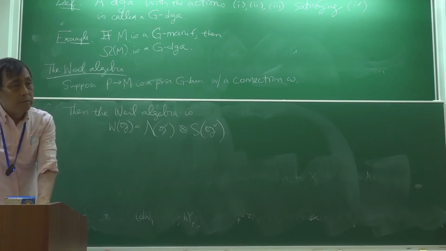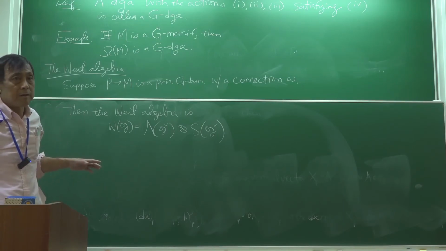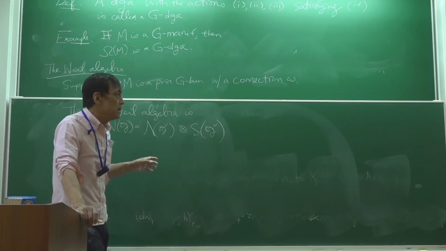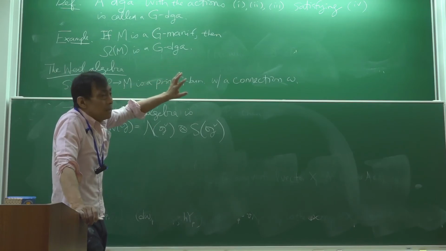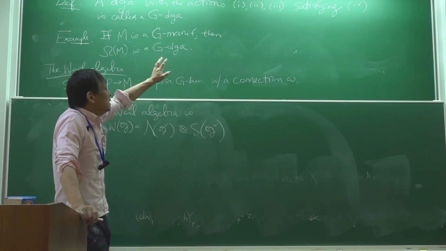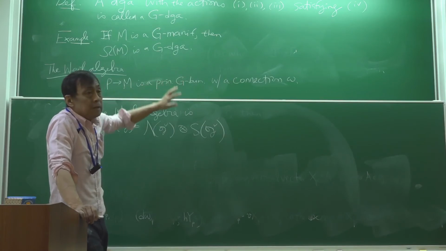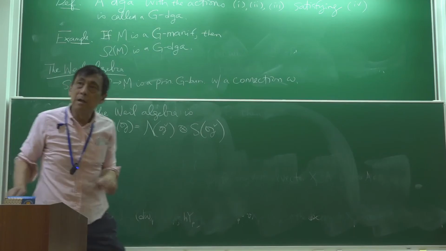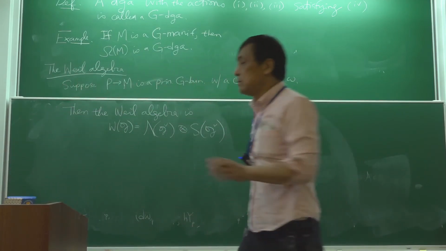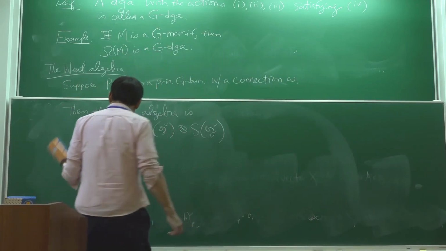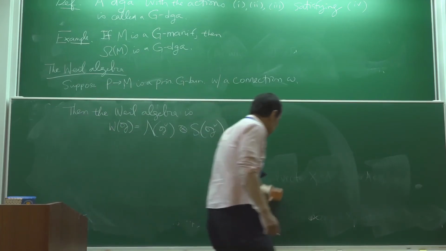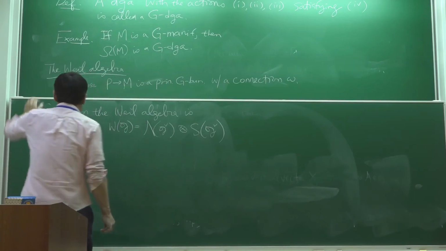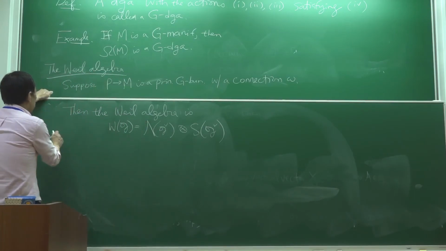So this makes it into a graded algebra, but I need to define a differential on it, and then I need to define the action of the Lie algebra and the Lie group on it. In order to define them, I want to first define the Weil map.